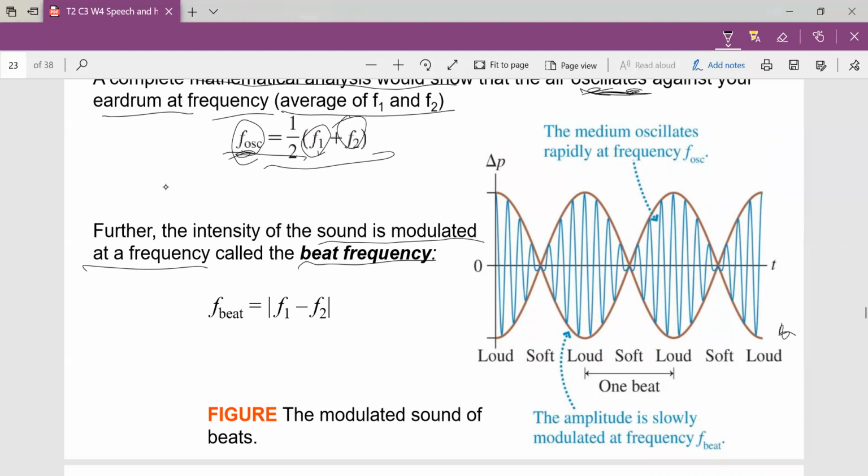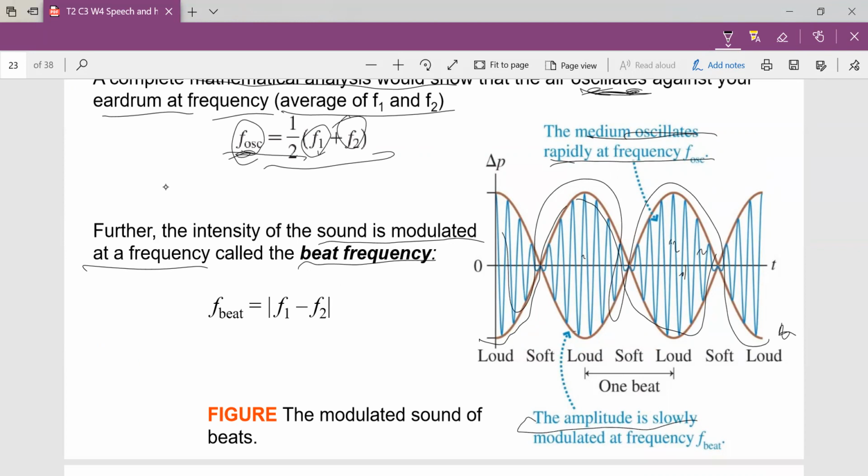Let's look at this figure here. We see the medium oscillation frequency inside, the different frequency. But the thick one here that forms something like a standing wave is the amplitude.